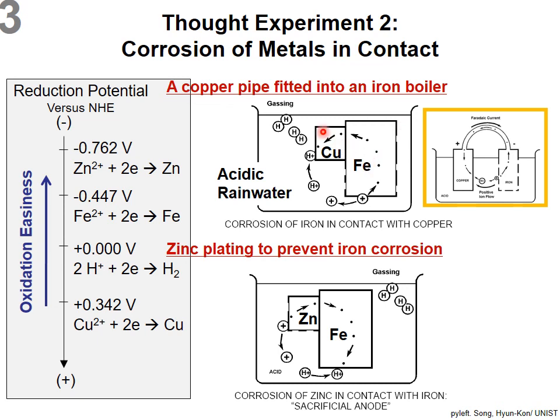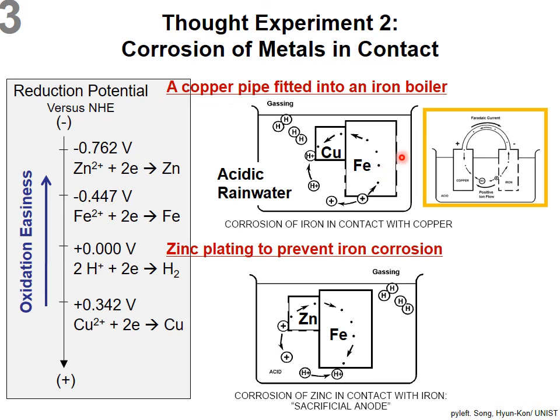Also, a pipe is connected into the boiler, and the pipe is made of copper. Unfortunately, we have here acidic rainwater on the copper pipe and also on the iron boiler.